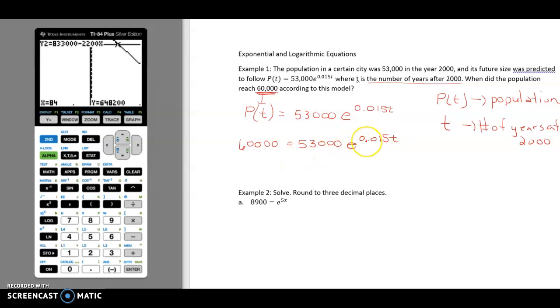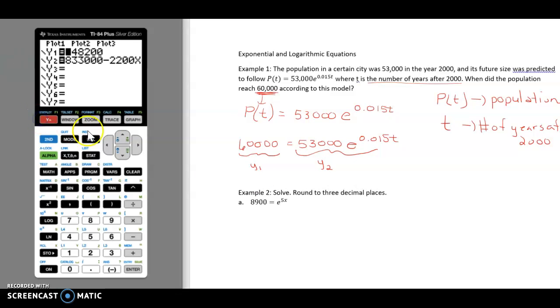So we're trying to find t, right? When did the population reach 60,000? So we're going to use the intersection method here. This here is going to go into y1, and this exponential expression is going to go into y2.